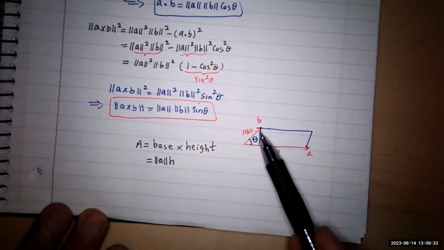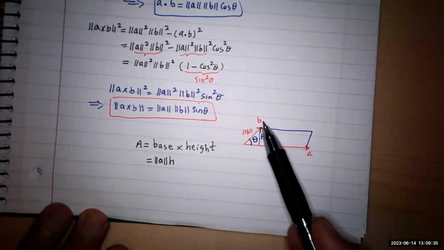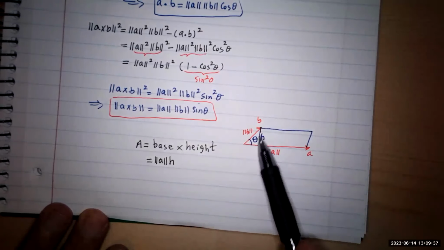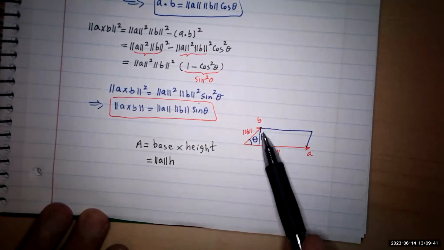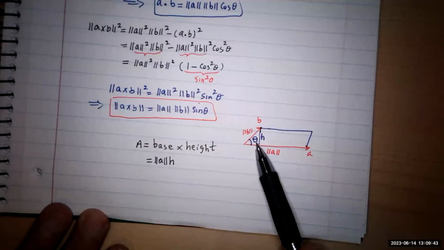What is going to be H over here? In this right triangle, H is the opposite side.